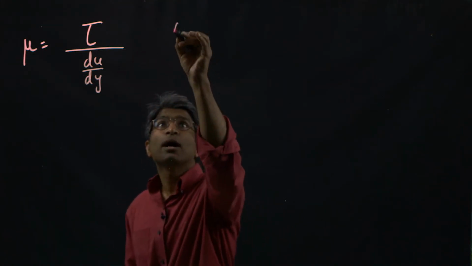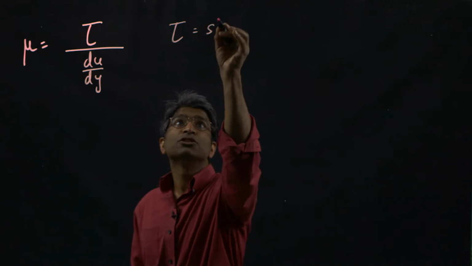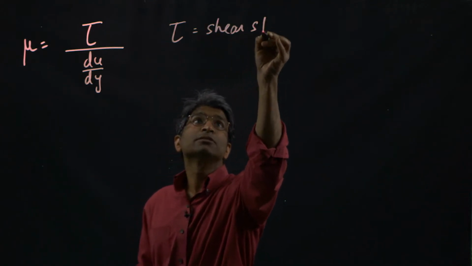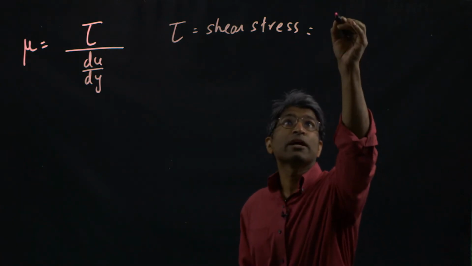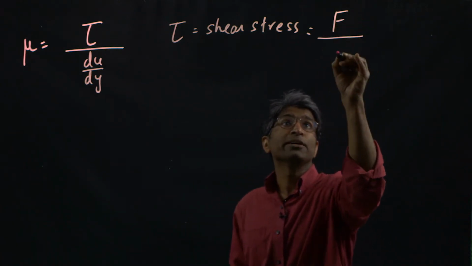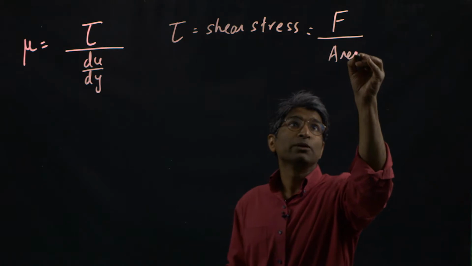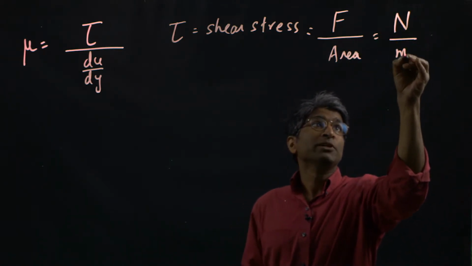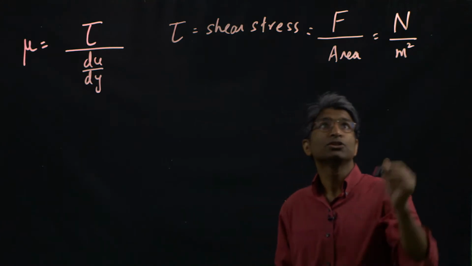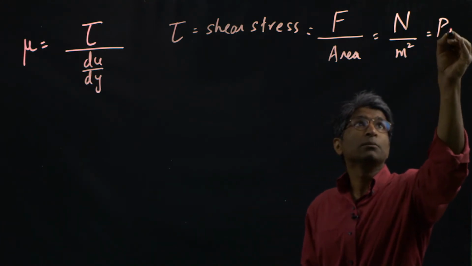So tau is the shear stress. So it's a stress, that means it's a force per unit area. So it will have the units of newtons per meter square, which we call Pascal.